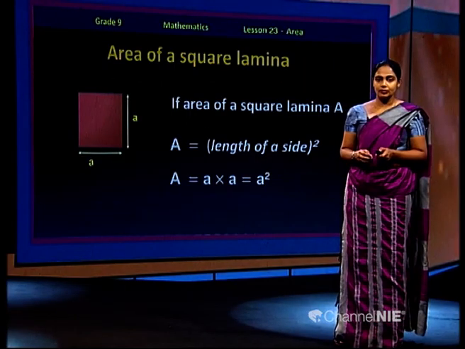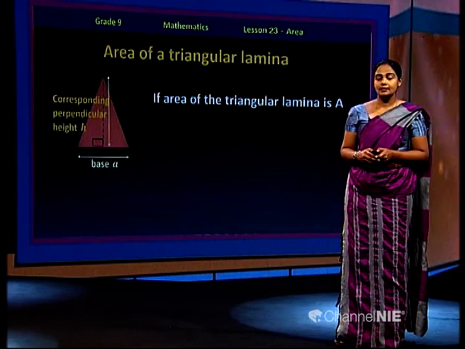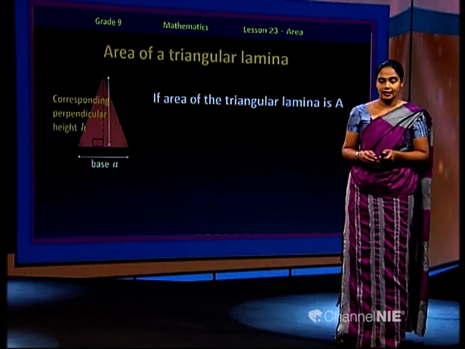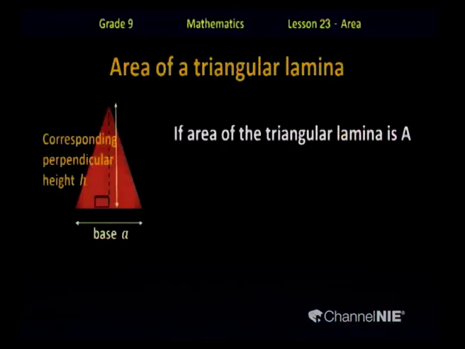Then let's go to area of a triangle. Area of a triangular lamina. Then how we can find the area? There are 3 sides for a triangle, but we should identify the suitable base, suitable side. Then it is the base. Here it is mentioned as simple a. Then we want corresponding perpendicular height. What is it?